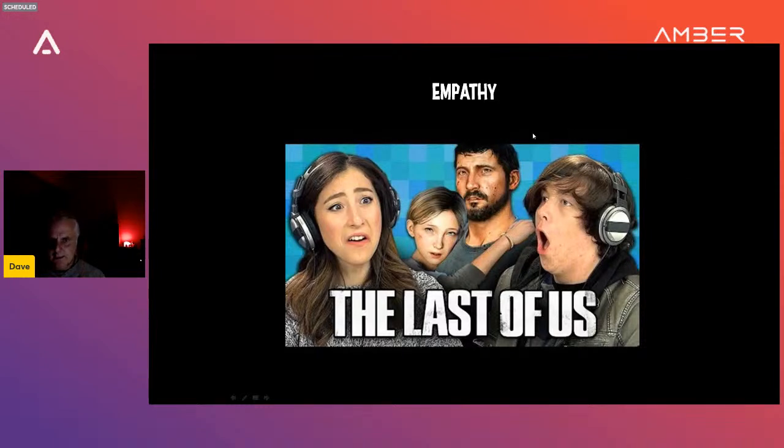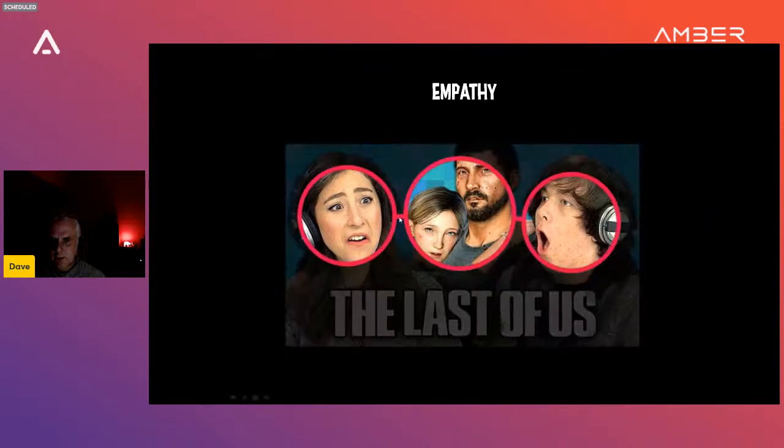There we go. So here's our characters now, our pretend people. Here's our real people. And to make these faces happen, we need to do that, and we need to do that. That is empathy.